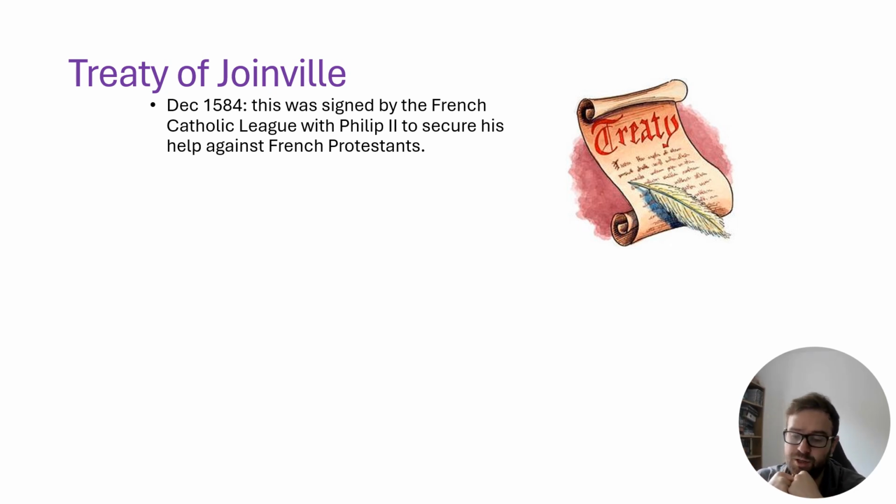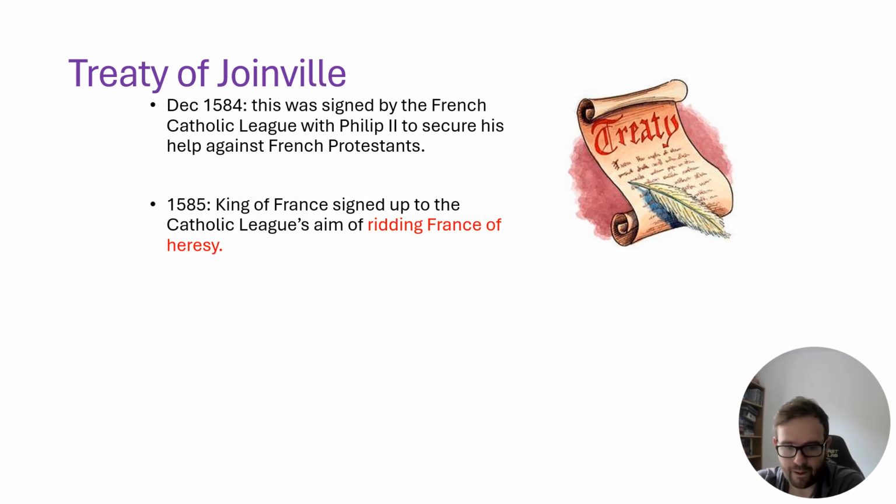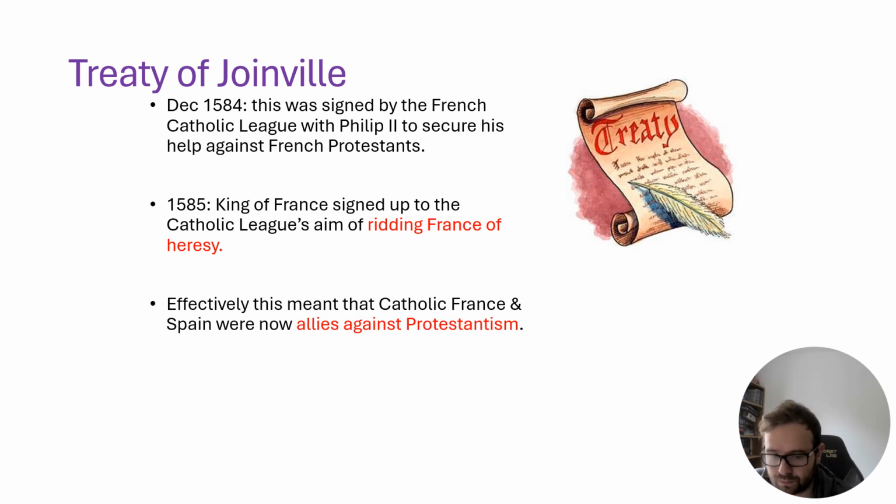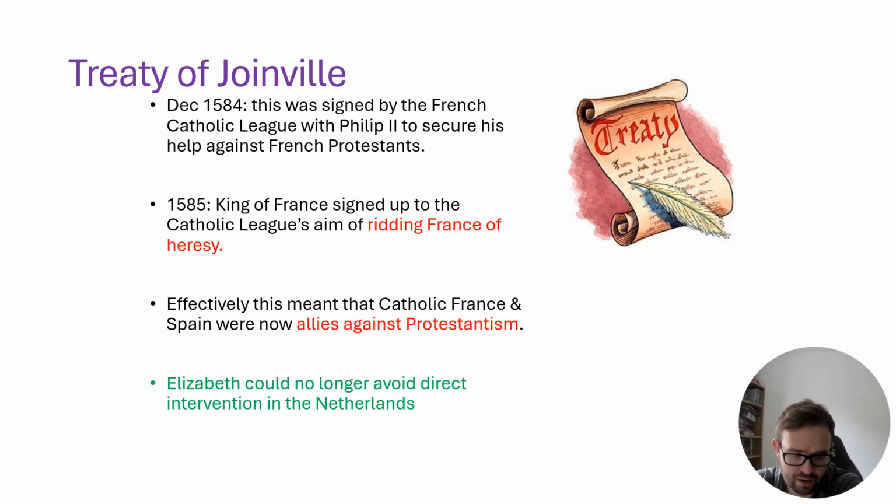And Philip promises to help them out significantly. It's not a direct alliance, but it means France and Spain are on friendly terms. Big problem for Elizabeth. That means there's nothing stopping the Spanish attacking her now. So this effectively means they're joined together against Protestantism.